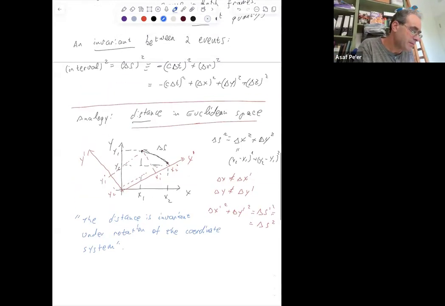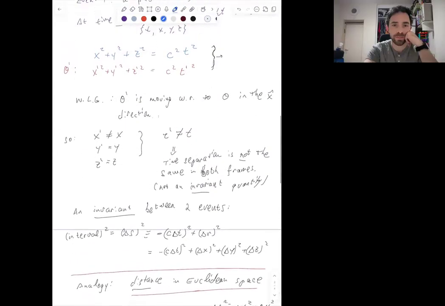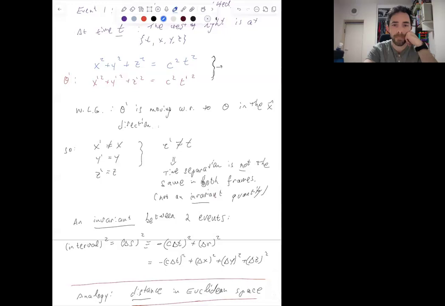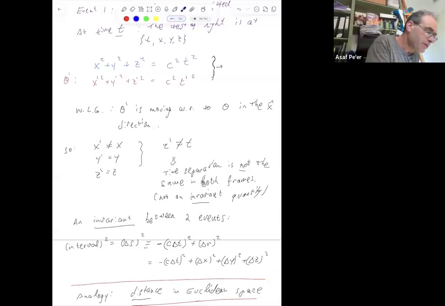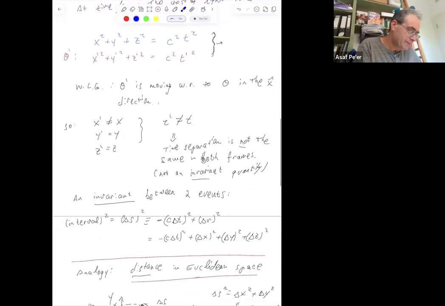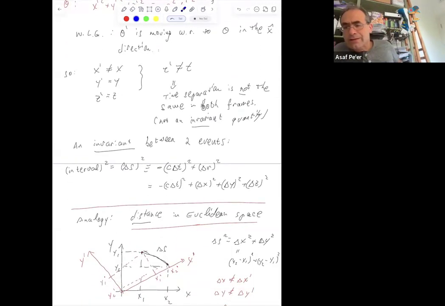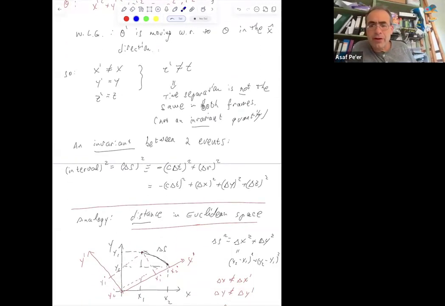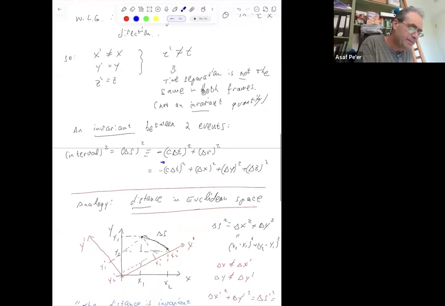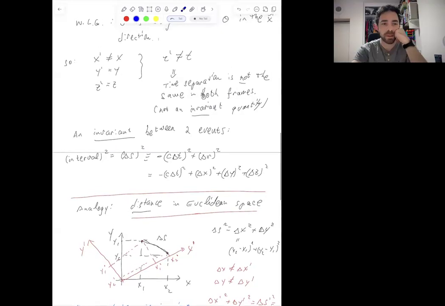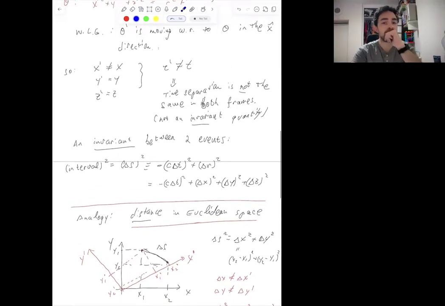Yes, that's the question. If you look at these equations here, I have to move them to the other side. If I don't move them to the other side, then I get a mess. That's why it's a minus sign.